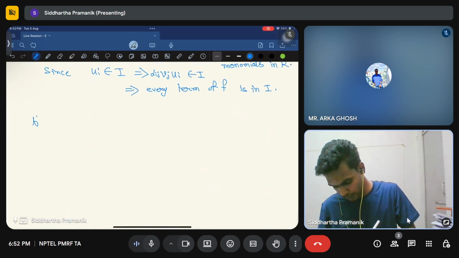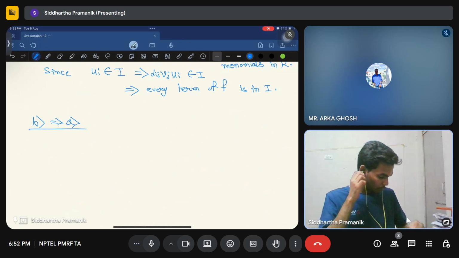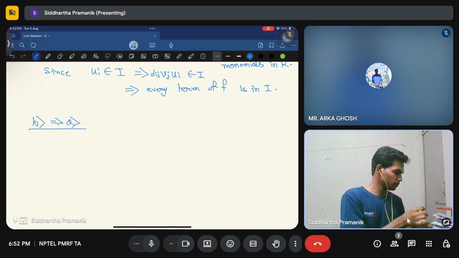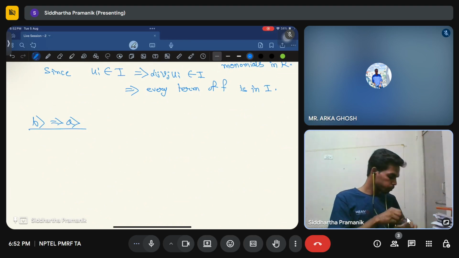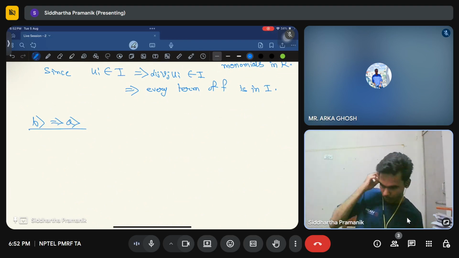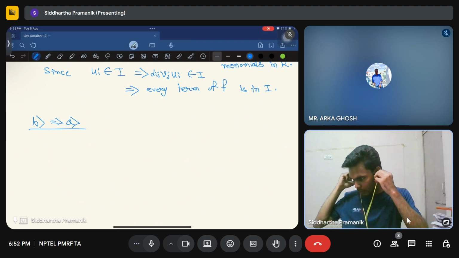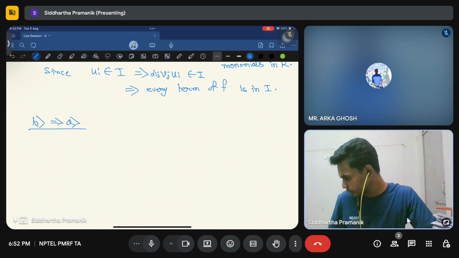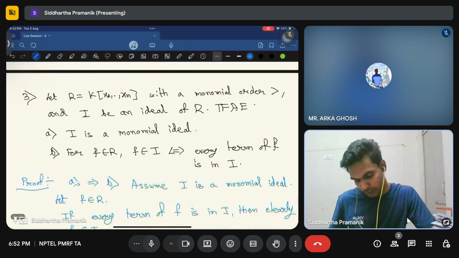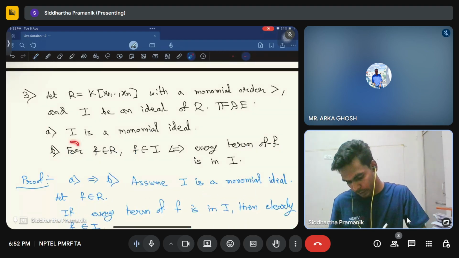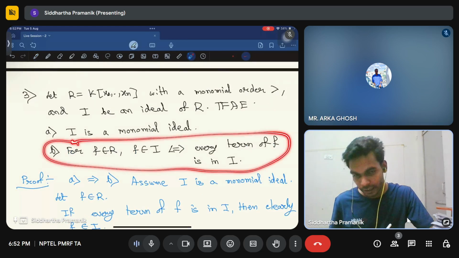So now B implies A. So we need to prove that if this condition holds, then I is a monomial ideal.